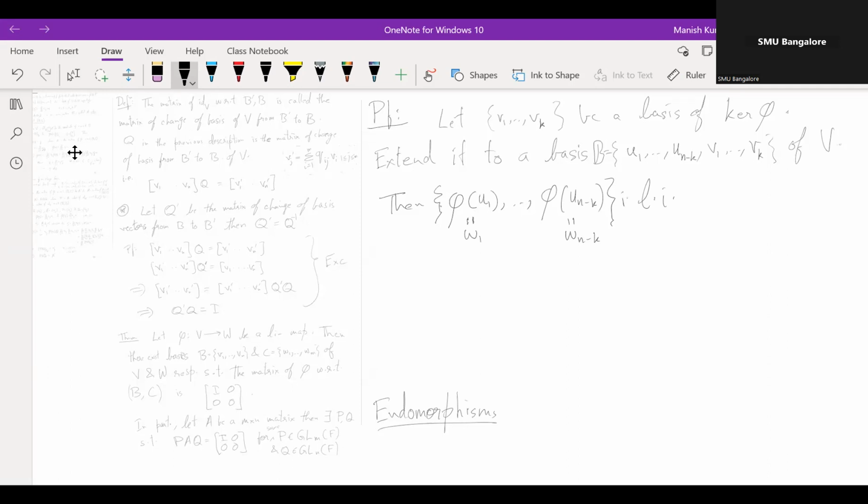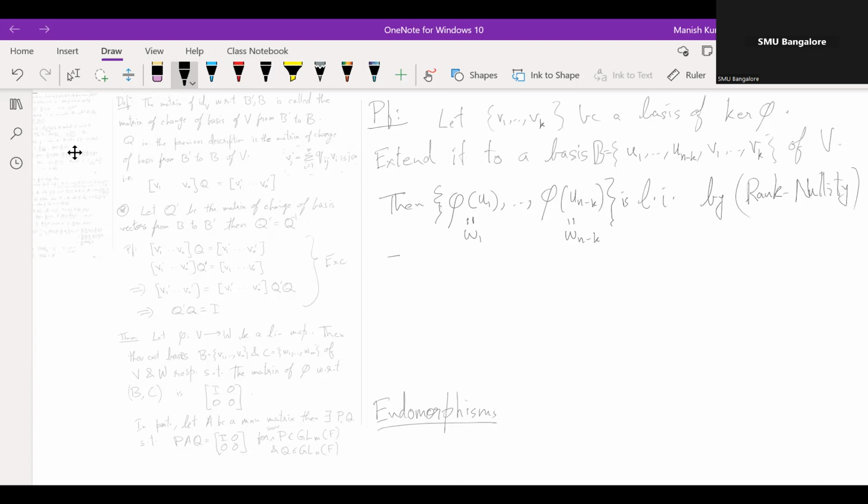It is linearly independent by rank nullity. Last class I don't know if I called it the dimension formula or something, but that is called the rank nullity theorem as well.